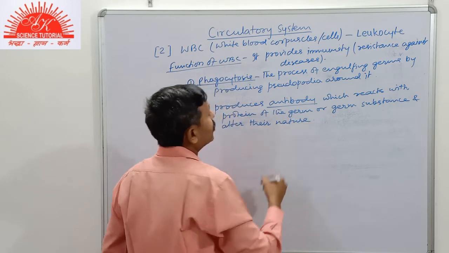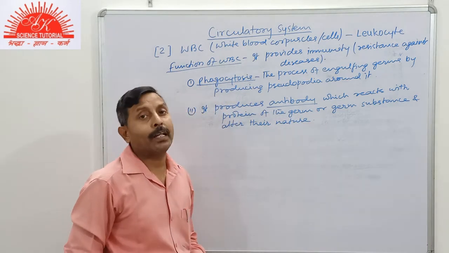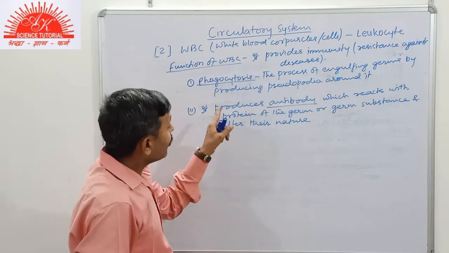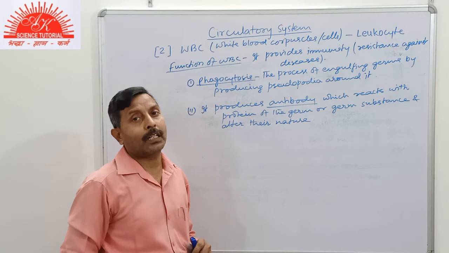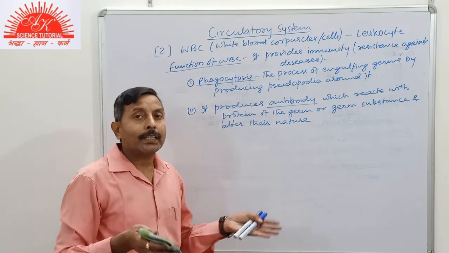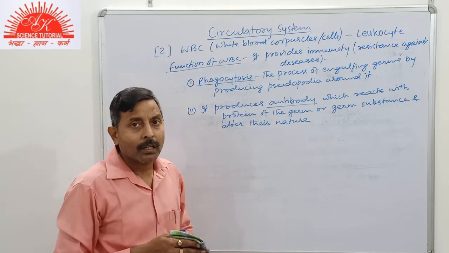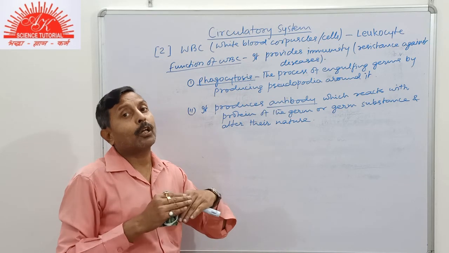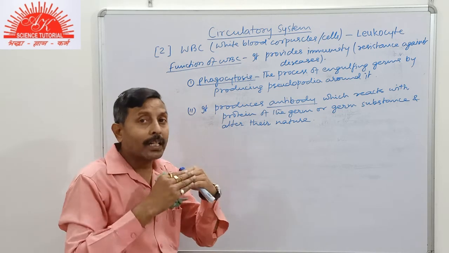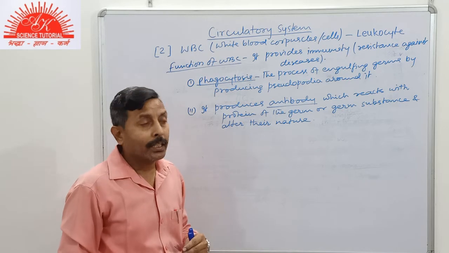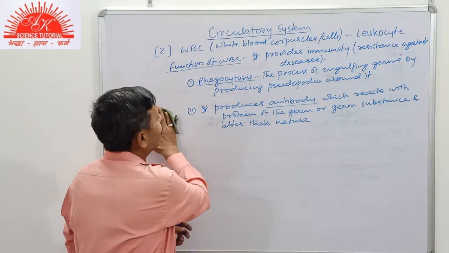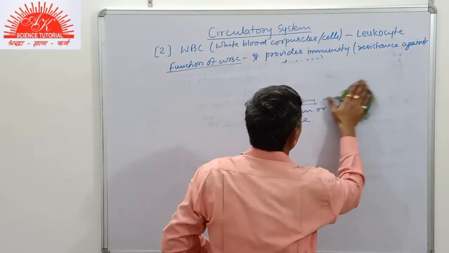In this way, the germ becomes harmless. It is rendered harmless. It is destroyed. At the place of inflammation, localization of germs and WBC takes place. As a result, at the place of inflammation, it turns red and the temperature is increased, and in this way it helps us in providing immunity.